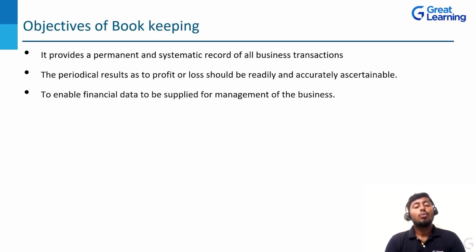Whatever journal entry or ledger account we prepare is monthly, quarterly or yearly, but bookkeeping we record from day 1 of the company till the date of closing down the company. Till that time we record all the transactions.